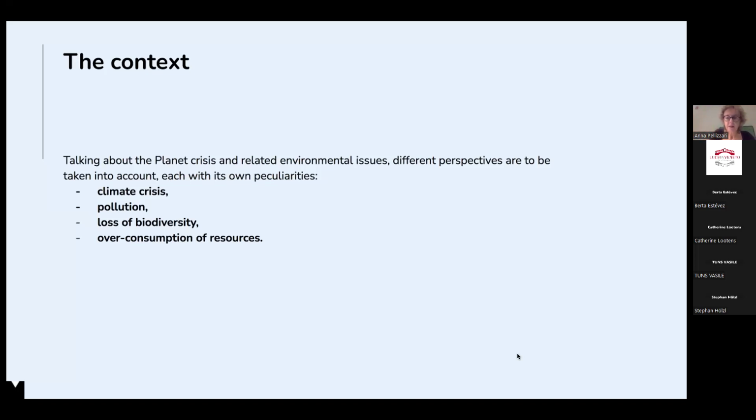The first is climate crisis. Then we have pollution, loss of biodiversity, and overconsumption of resources. So these are 4 different angles of the same thing, but each of these concepts has slightly different languages, different ways of looking at the problem.